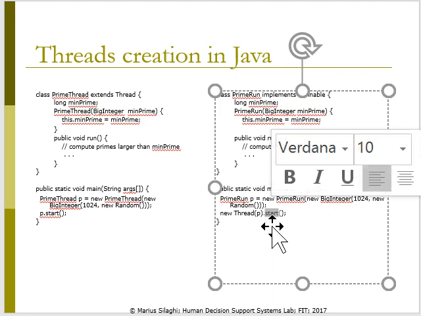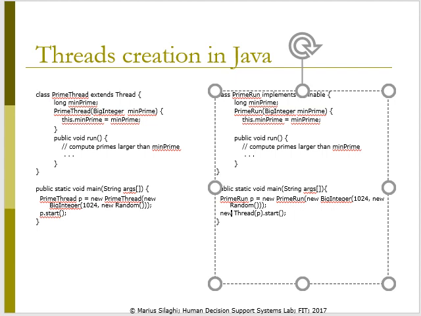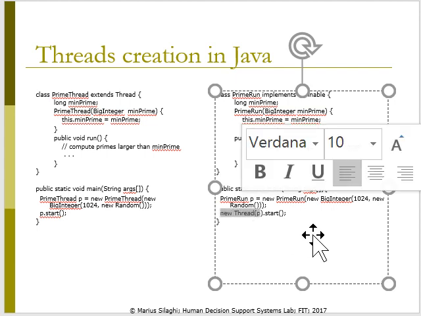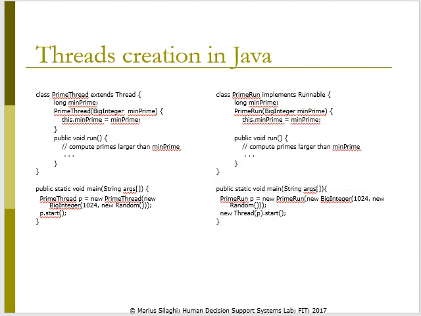So this is the only difference. With implementing Runnable, one has to create a thread that encapsulates the class that has been defined.